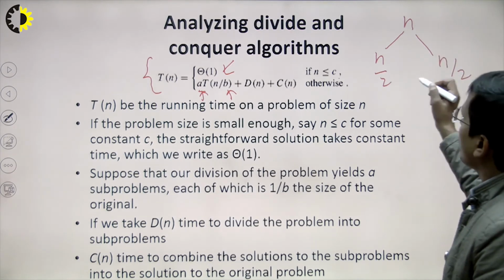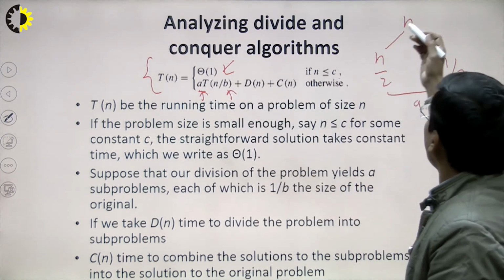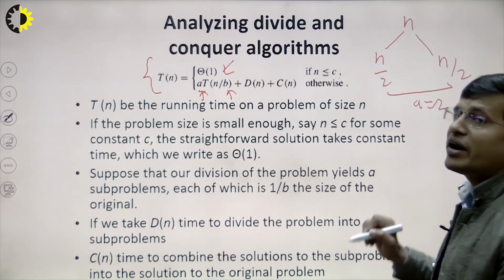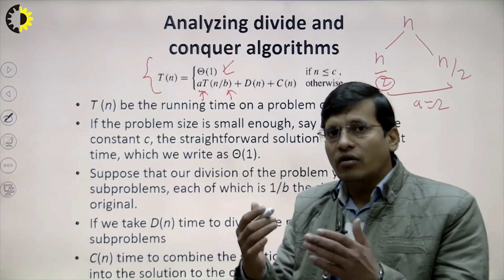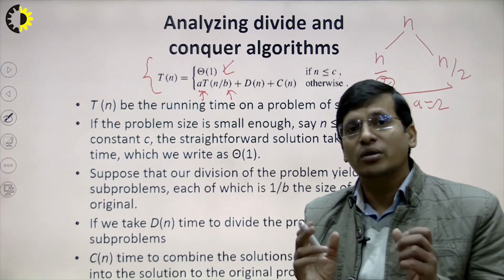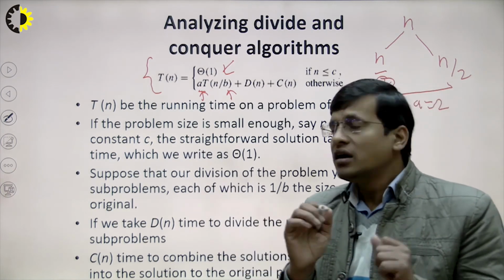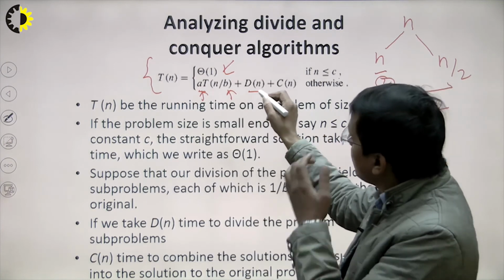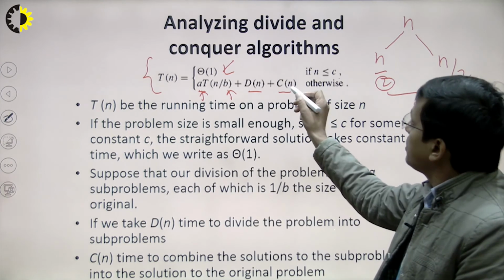Here A is equal to 2, and B represents the total number of elements present in the sub problem. Suppose we have n elements and we divide n by 2, right? And D is the division time, the running time in case of division, and C is for the combine approach, right? So in the combination, that is C of n.